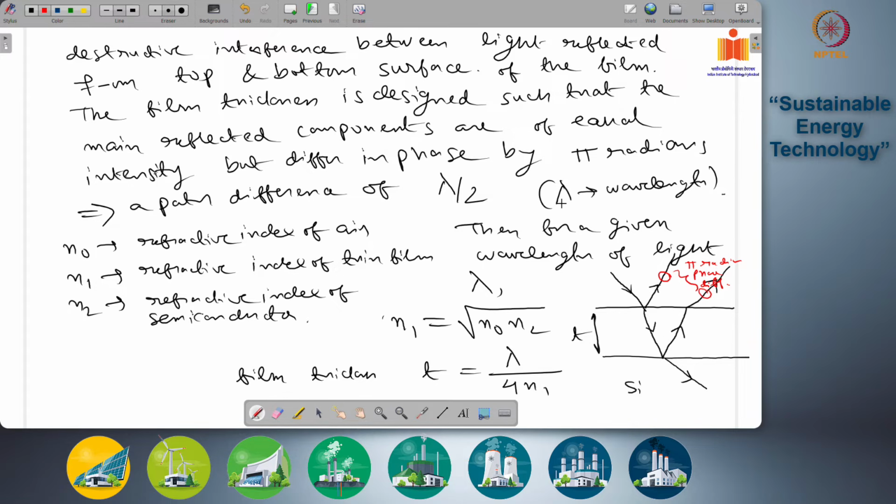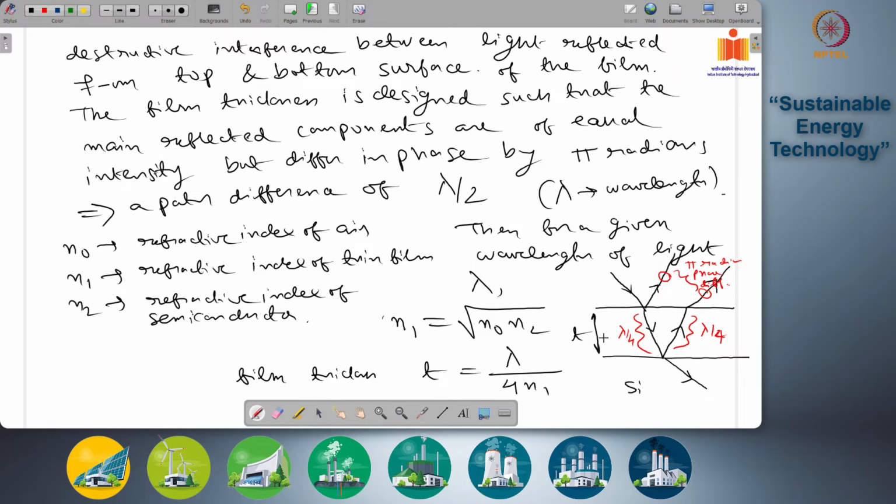So this path here is lambda by 4, and this is lambda by 4. Together this extra path is lambda by 2, so the phase difference between this light and this light is pi radians.